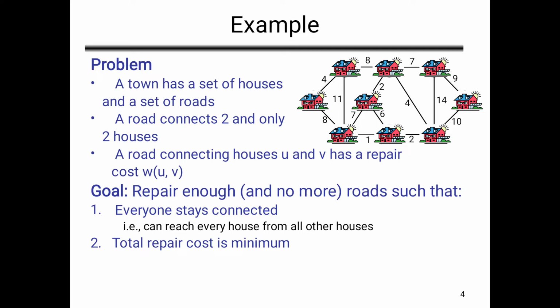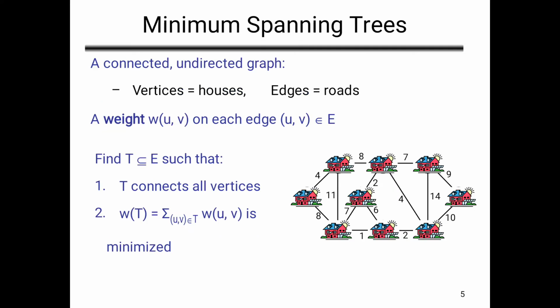A road connecting house U and V has a repair cost, W of U comma V, and the repair goal is to repair roads such that everyone stays connected, that is, can reach every house from all other houses, and the total repair cost is minimum. So that is our minimum cost spanning tree agenda.